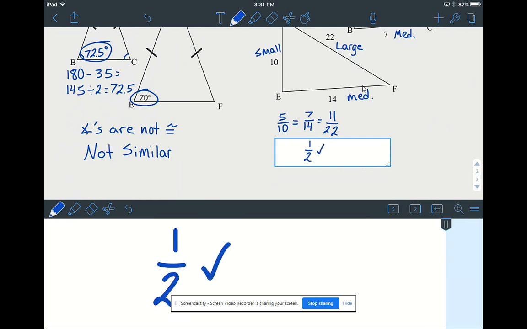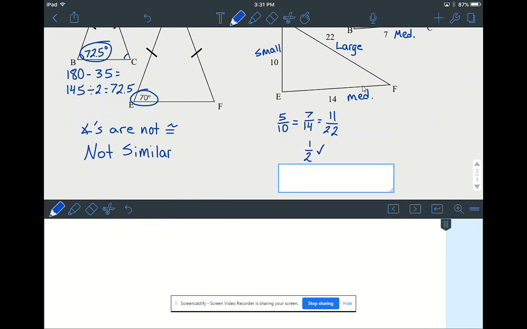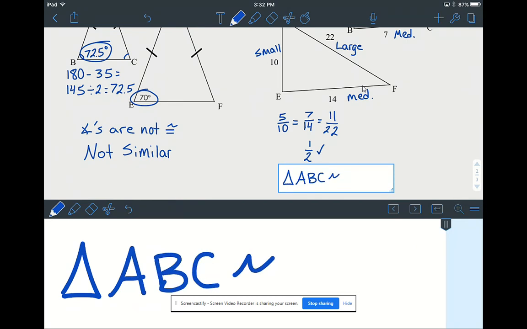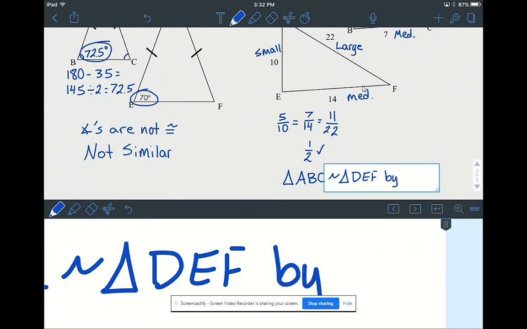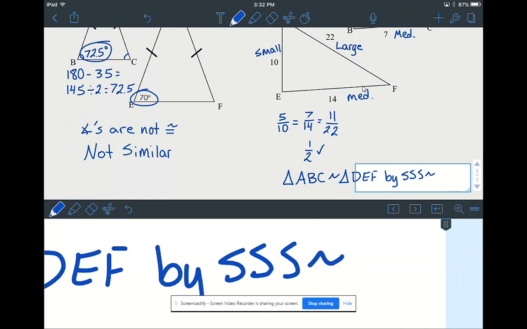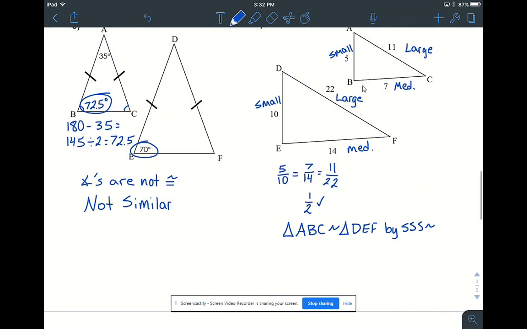So your sides are proportional. Since your sides are proportional, we can write a similarity statement. So triangle ABC is similar to triangle DEF by side-side-side similarity. Okay.